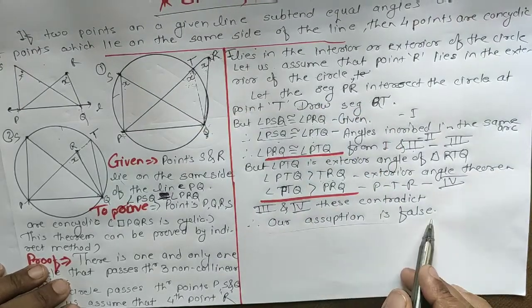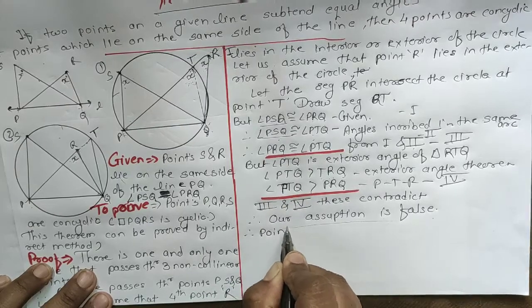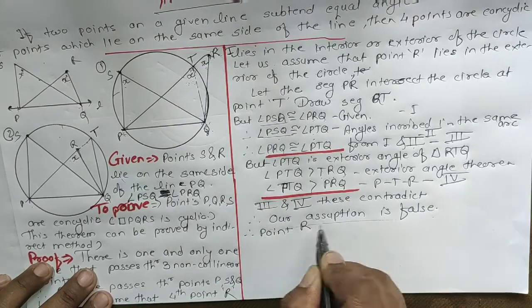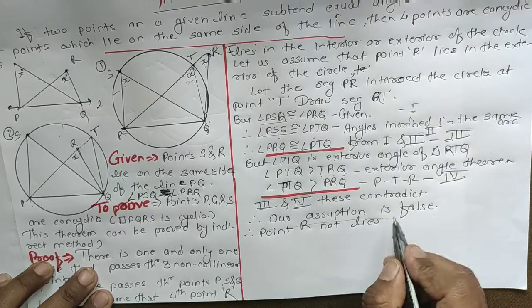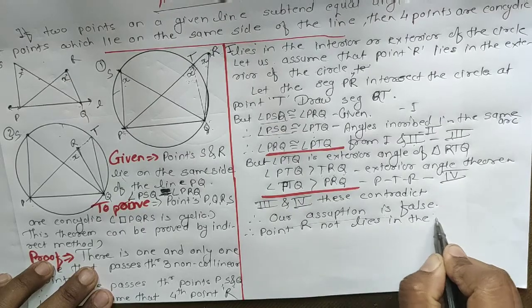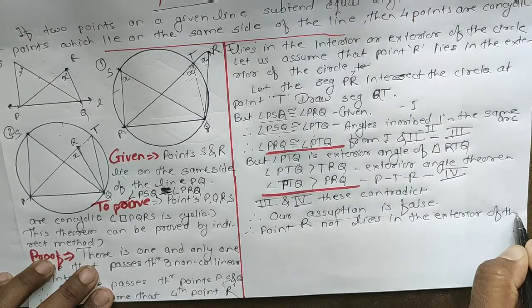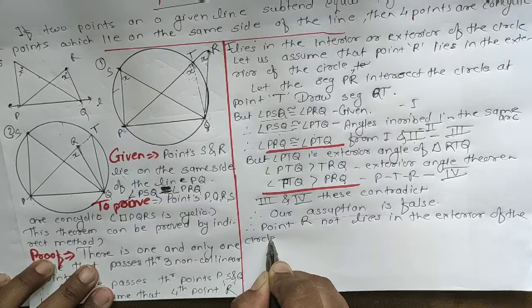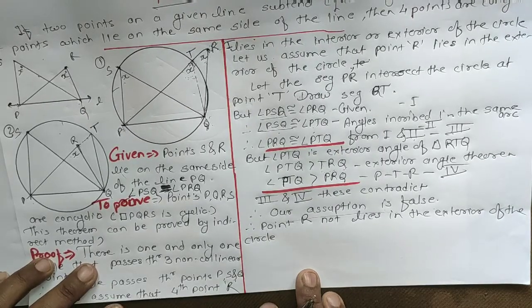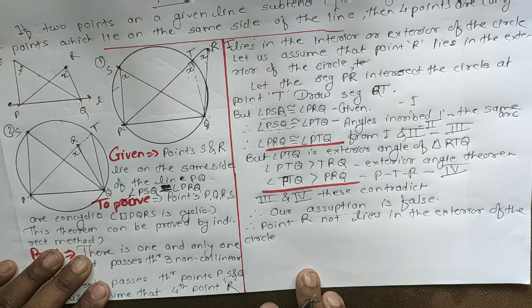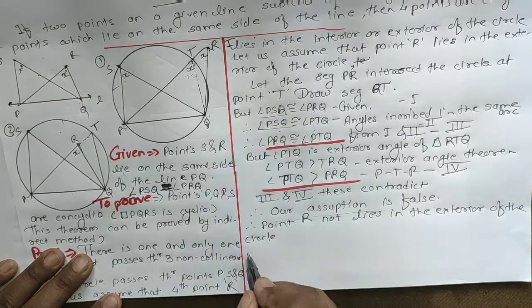So our assumption is false, and here write: therefore point R does not lie in the exterior of the circle.